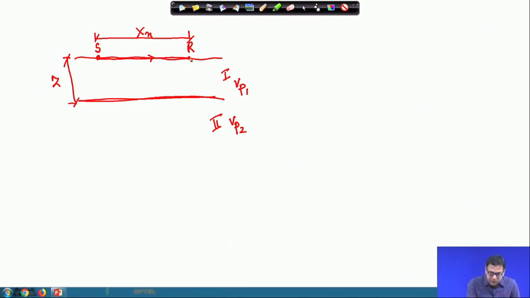Here, what are we measuring? We are measuring the time required for this direct ray to travel from S to R. The geophone will measure this time.